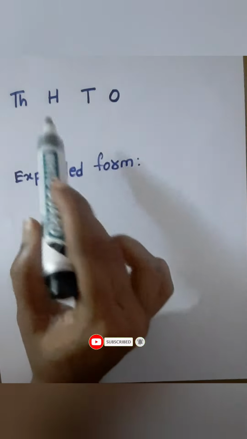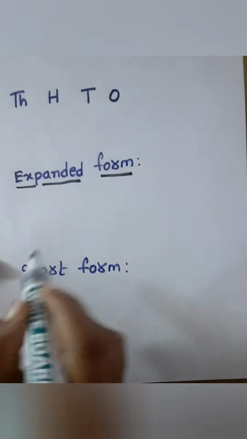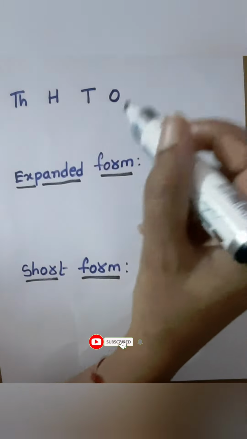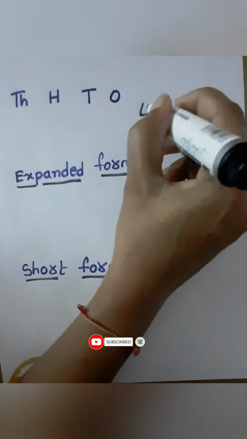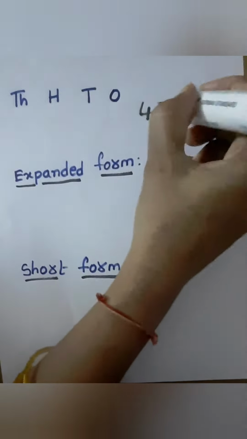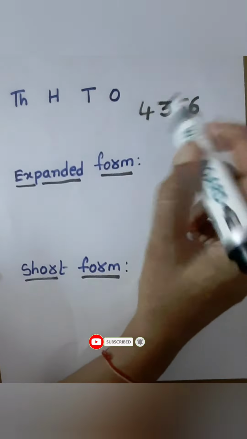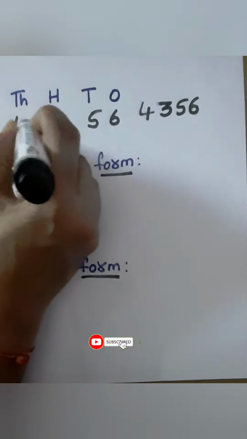And then let's get into the topic expanded form of numbers and short form of numbers. Let us take one number, 4356. How can we write this number? 6 is in the ones place, 5 is in the tens place, 3 is in the hundreds place, 4 is in the thousands place.